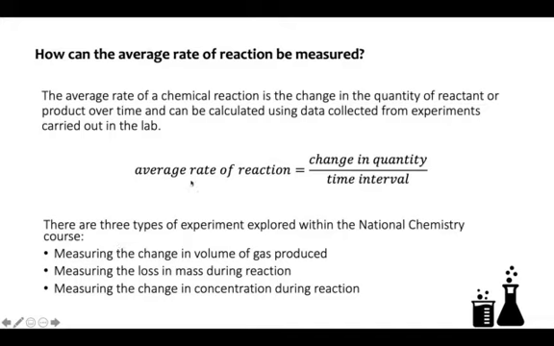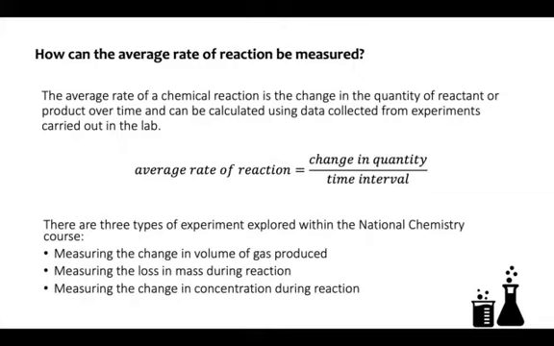Okay, and there are 3 types of experiment that are looked at in the National 5 chemistry course. And these are measuring the change in volume of a gas produced, measuring the loss in mass during a reaction, and the final one is measuring the change in concentration during reaction.